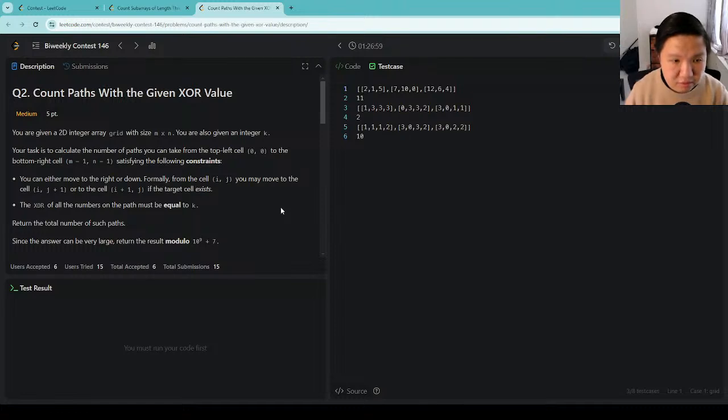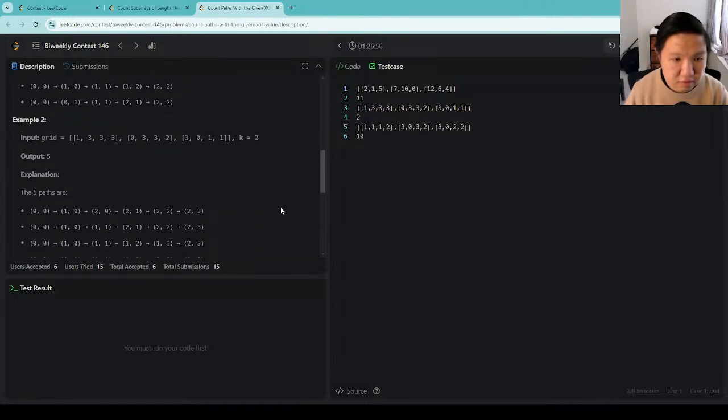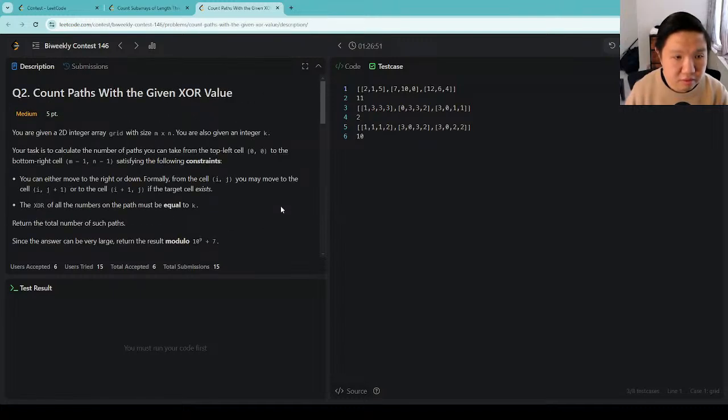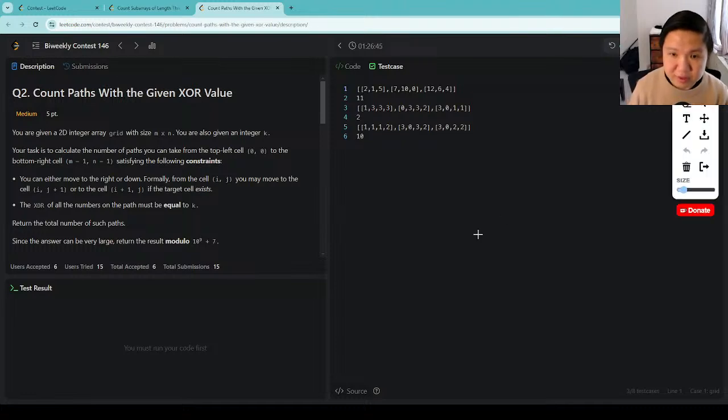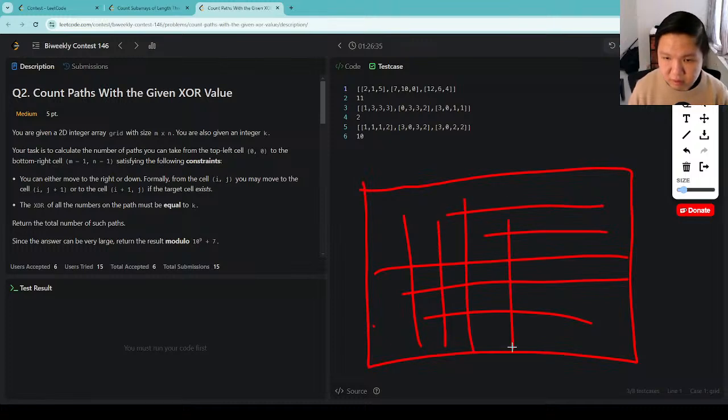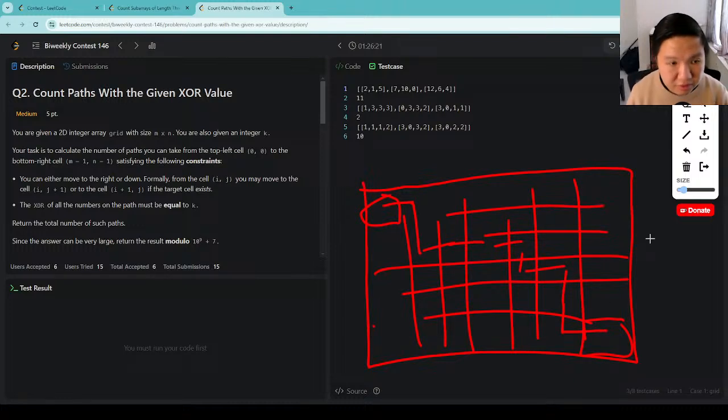Oh, interesting. So basically what it's saying, if I get it right, is you have a grid. You want to move from here to here. And what you can do is you can move to the right or down. Right, down, right, down, whatever, right?